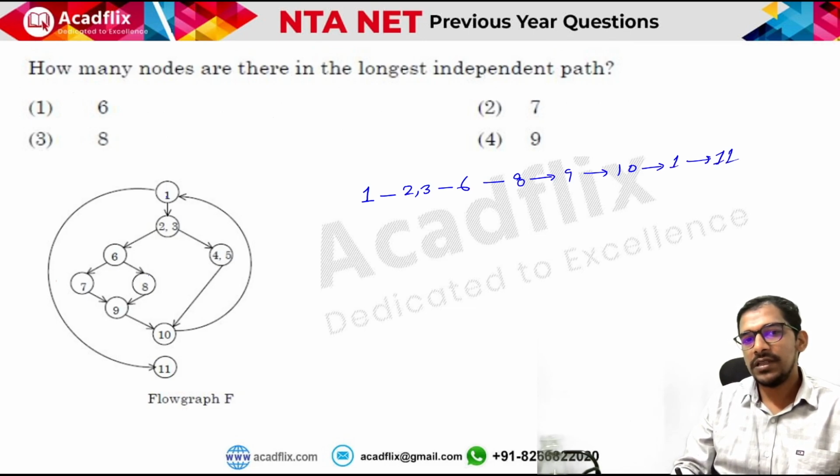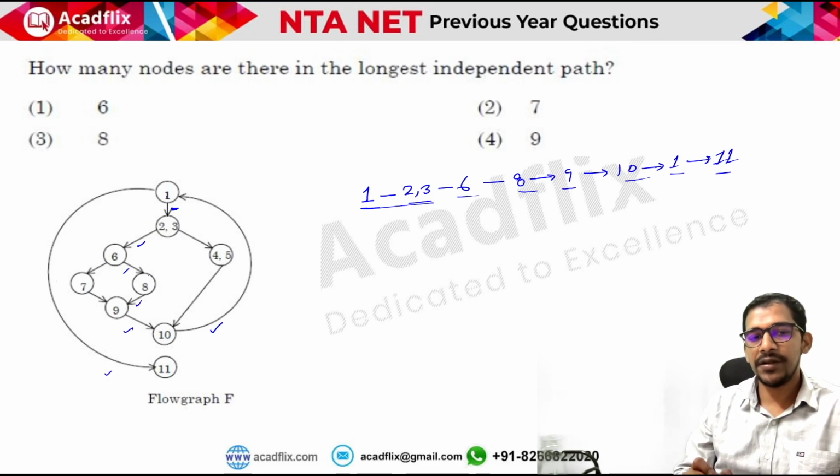So 1 I am visiting again, so 1 is not counted twice. We need to find out the total number of edges in the path. So this is 1 edge, second edge, third edge, fourth edge, fifth edge, sixth edge, then this is the 7th edge. So there are 7 edges in this independent path.